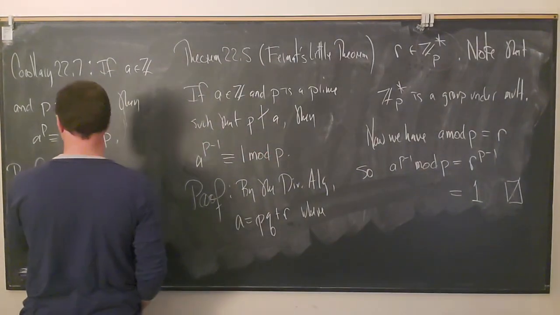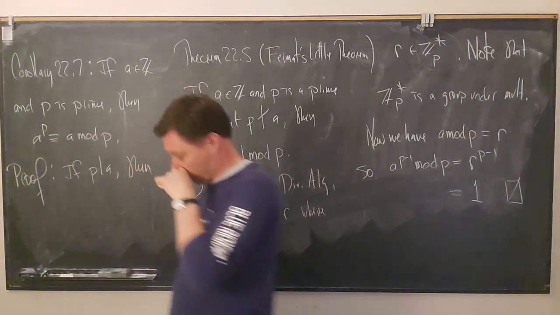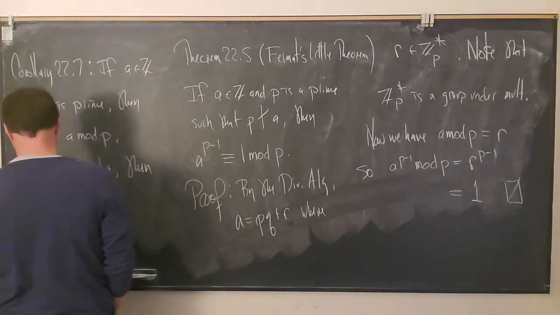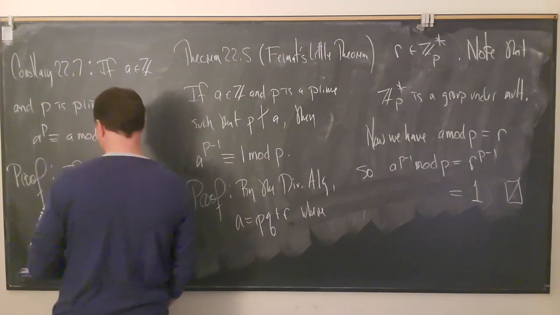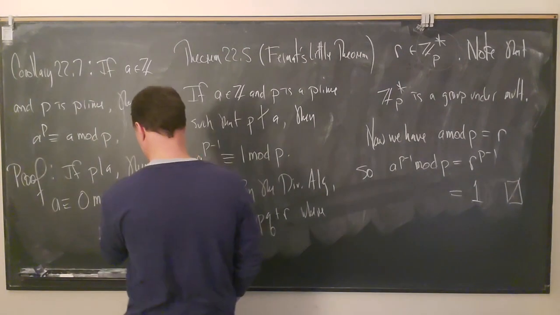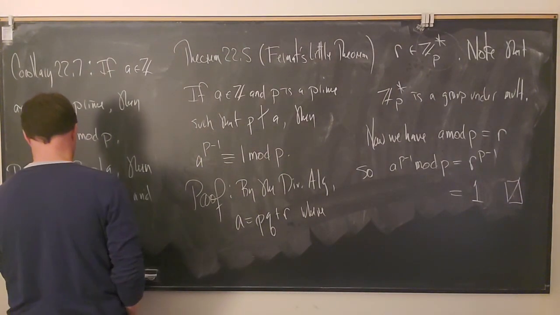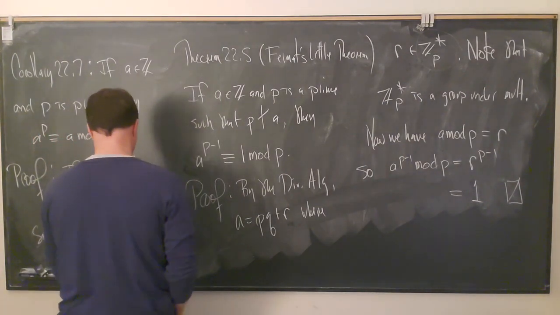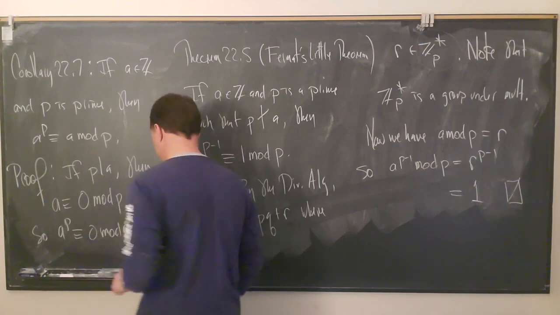If p divides a, then a is congruent to 0 mod p. And so a to the p is congruent to 0 mod p, which is congruent to a mod p.